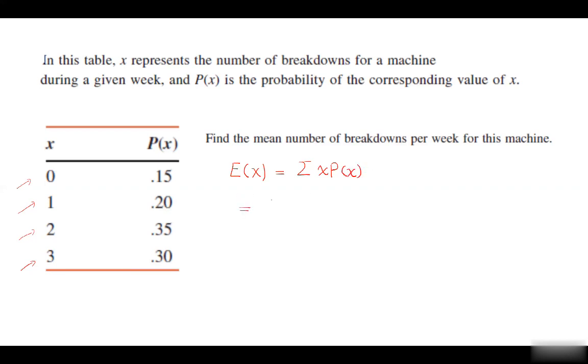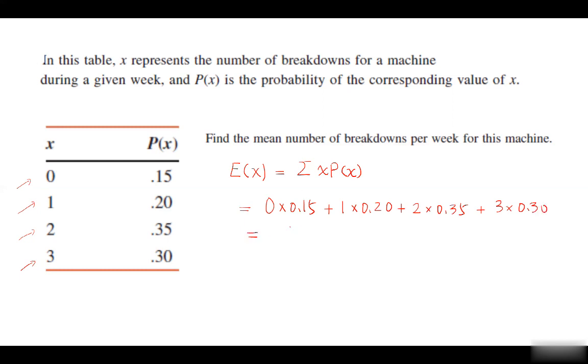So it equals 0 times 0.15 plus 1 times 0.20 plus 2 times 0.35 plus 3 times 0.30.